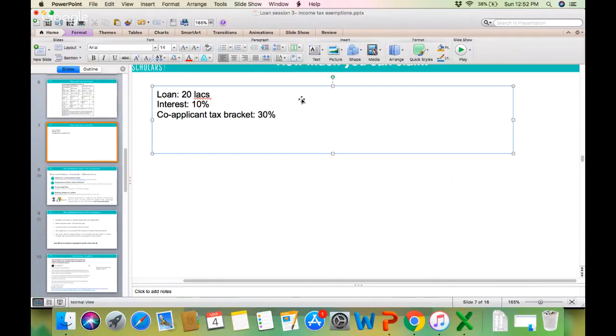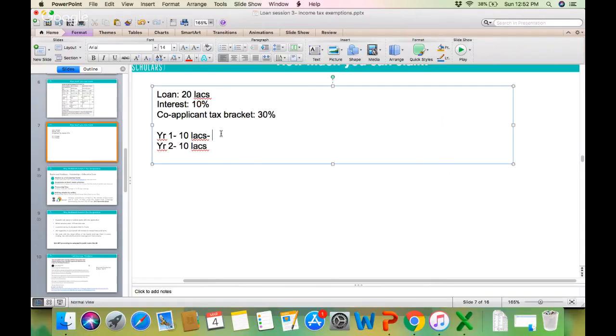So you take a loan of, let's say, 10 lakhs in year one. Year one you take 10 lakhs from the bank. Year two, you take another 10 lakhs from the bank. Now your first year's interest, I hope you guys are following, at 10% is 1 lakh.